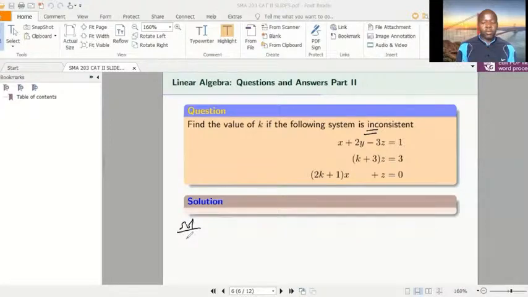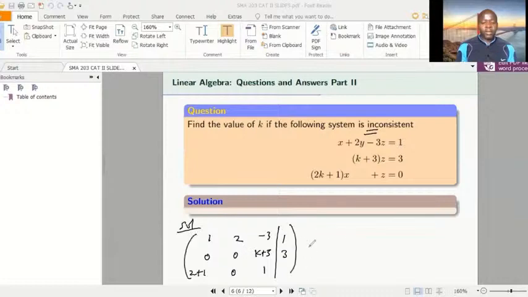The augmented matrix would be 1, 2, negative 3, 1, and this would be 0, 0, K plus 3, and this will be 2K plus 1, and here it will be 0, here it will be 1. So this is what the augmented matrix would look like.